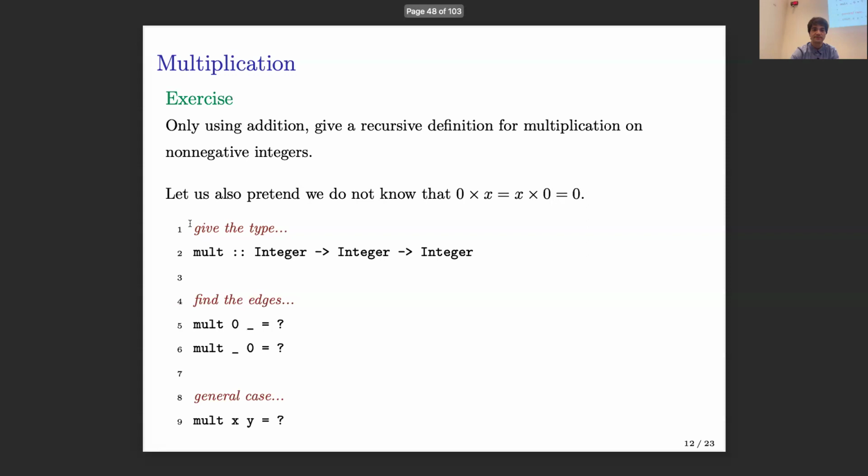General case. What is the multiplication of x and y equal to? You only have addition. What's the philosophy here? We assume multiplication is already working for anything that's smaller than this. How do we use that now to answer this question?